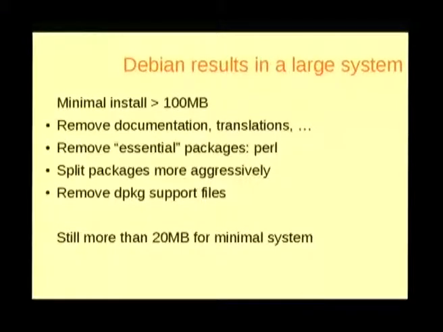And then there are some packages that Debian considers essential, but which are quite large. The typical example is Perl, which is used by apt and even dpkg, I think. And so, yeah, that adds a lot to your system. And Perl, in fact, can be made smaller, but the default Debian Perl is a full-featured Perl.